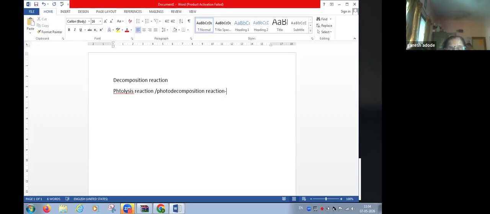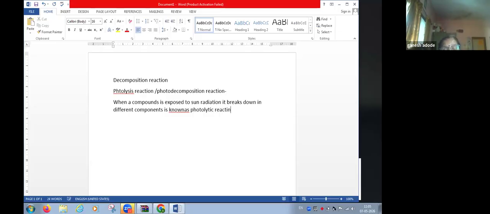Now see what is meant by the photodecomposition reaction. When a compound is exposed to sun radiation and it breaks down into different components, it is known as a photodecomposition reaction or photolytic reaction.